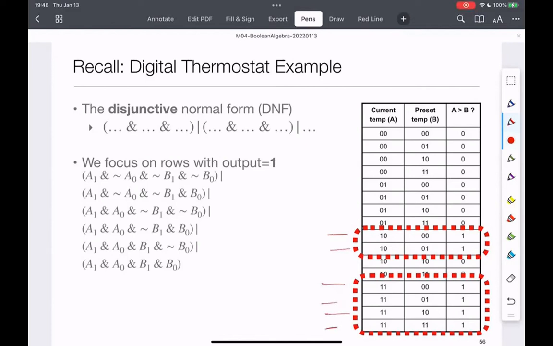Why is row 5 0? 1, 2, 3, 4, 5. Current temperature is more than... interesting. I think this was the one where current temperature 0, 1 could never occur or something like that.